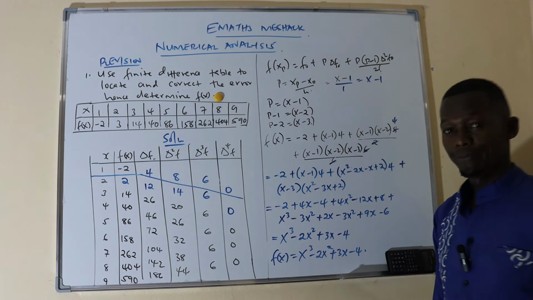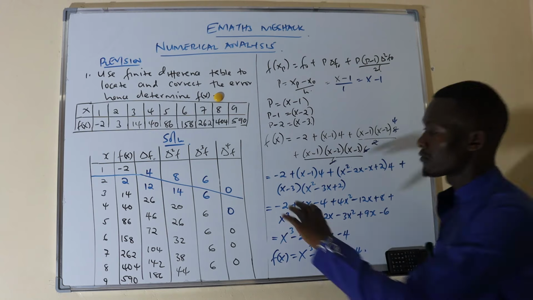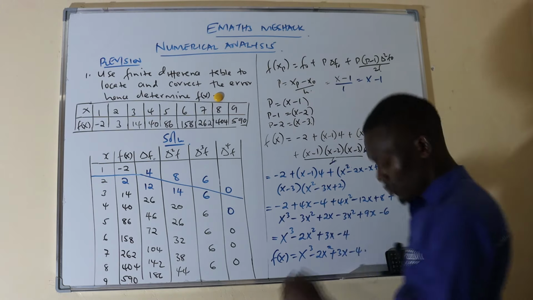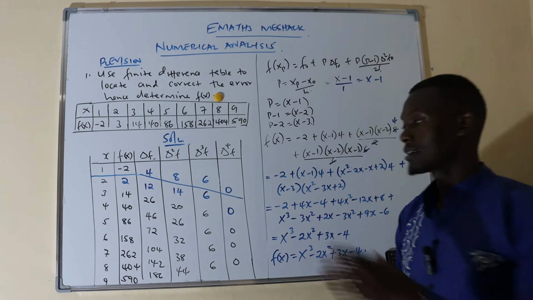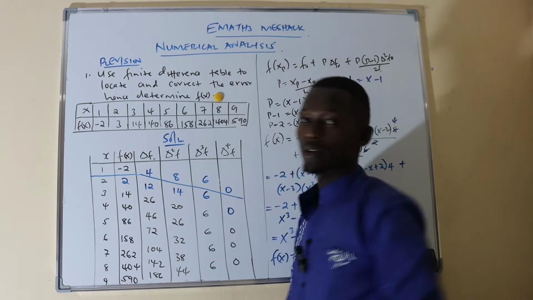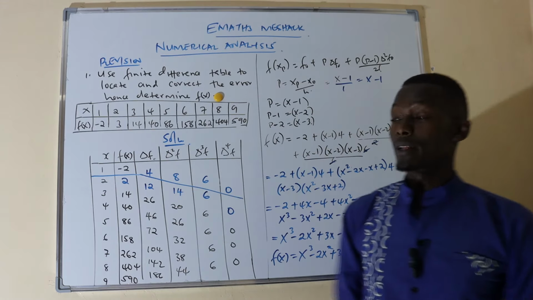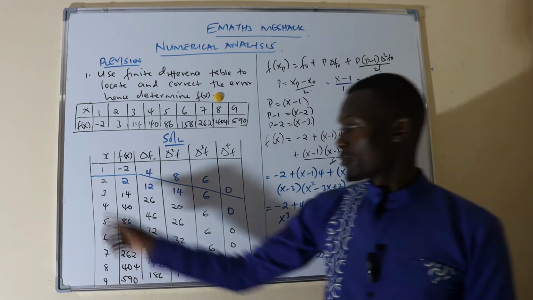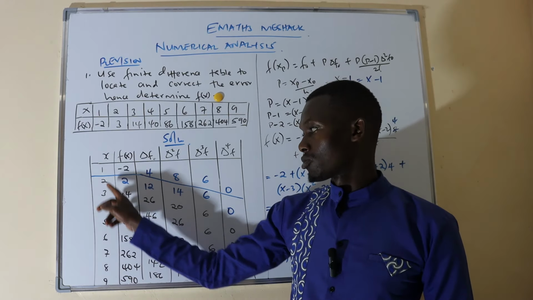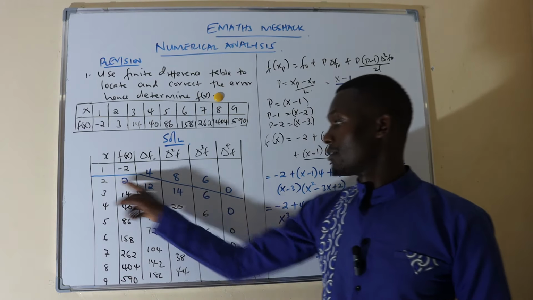Now, anytime you're supposed to solve for f of x, you can be given a value for you to find, either inside this table or even outside the data that you have been given. For example, we're supposed to find the value at 2.5. So 2.5 is a value that lies between 2 and 3. We remember we can use the forward interpolation formula to find it.